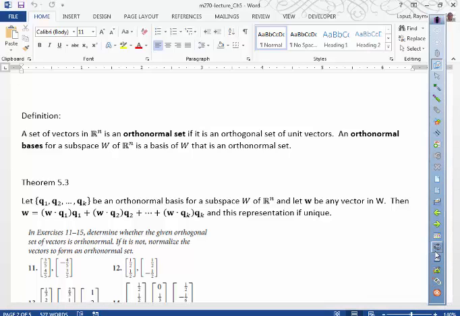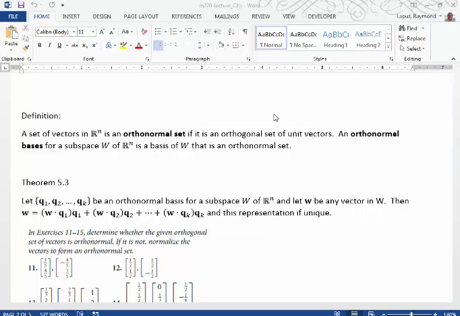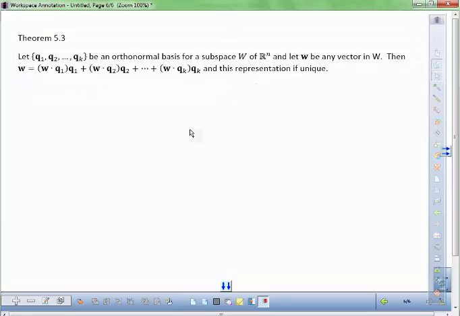So a theorem here. Suppose we have an orthonormal basis for a subspace, and W is some vector in there. Then W can be written as a linear combination of the orthonormal set.